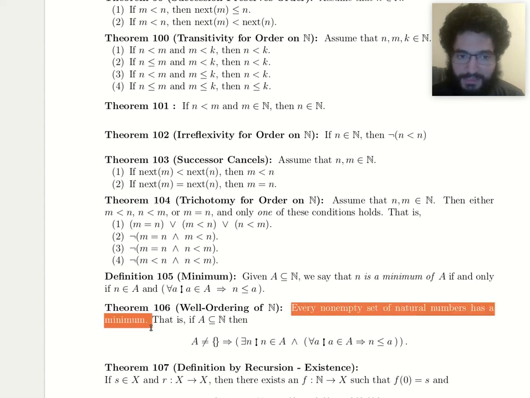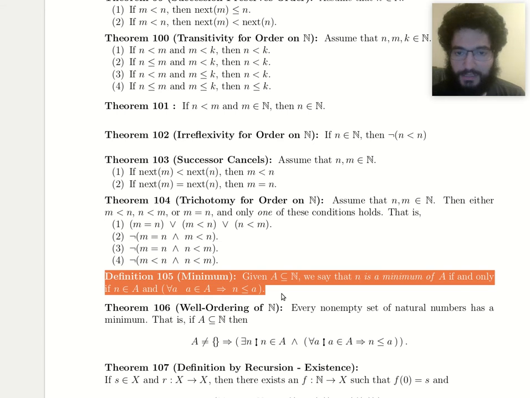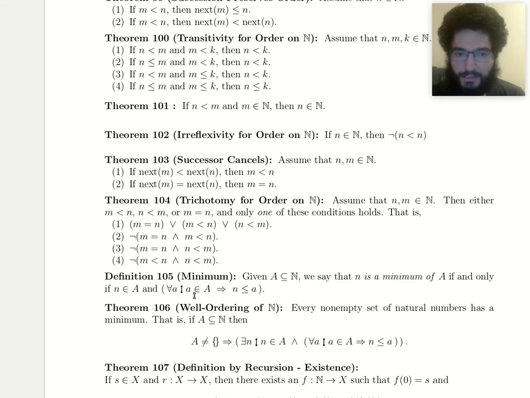It's basically this. Every non-empty set of natural numbers has a minimum, has a smallest element. Smallest is defined here. The smallest element is one that is less than or equal to any other element. So this feature of the natural numbers, that every non-empty set has a minimum, this is called well ordering.